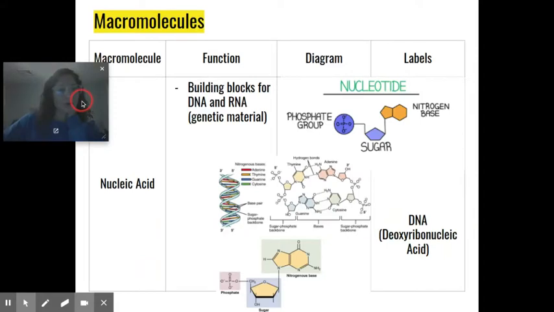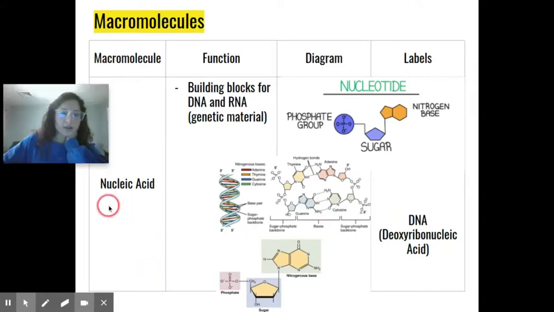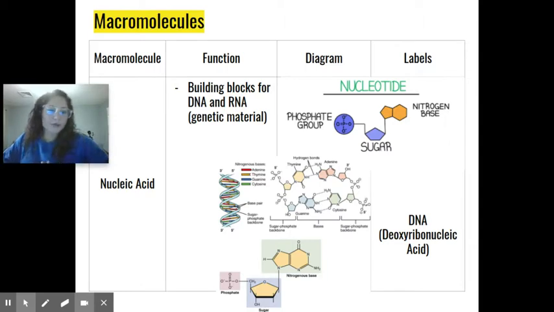All right, so the last macromolecule is called nucleic acid, and this one is slightly different. It's not necessarily labeled in food, and I will get to why in a second. But nucleic acids are the building blocks for DNA and RNA, which is our genetic material. It's our genes. It's our blueprint for who we are.